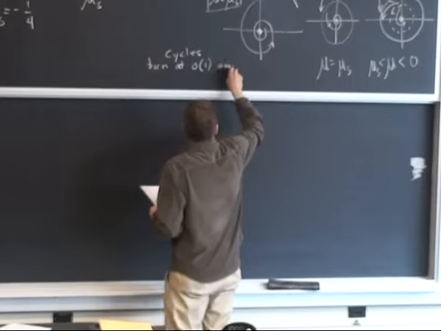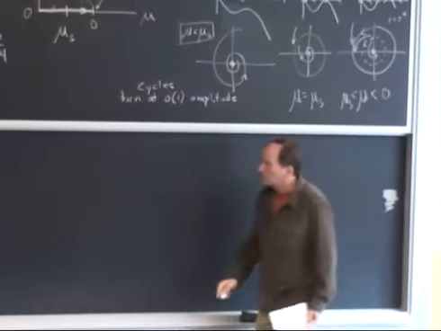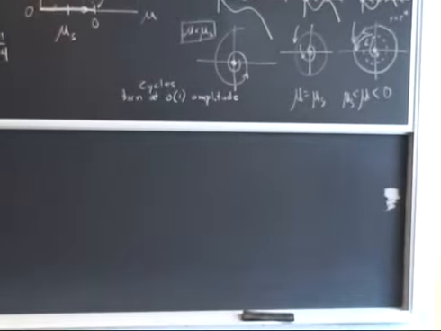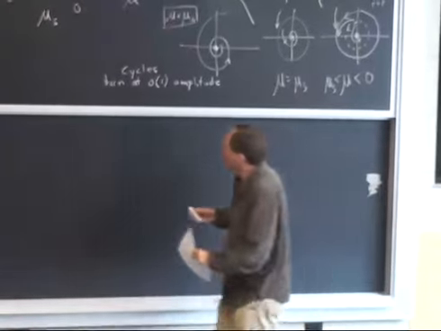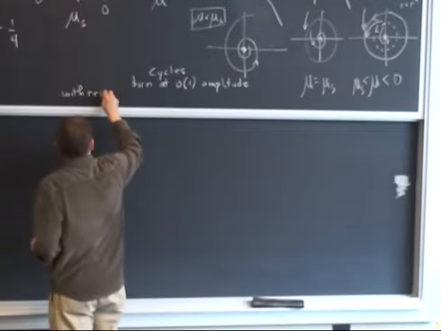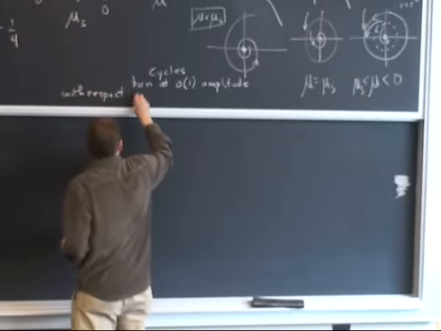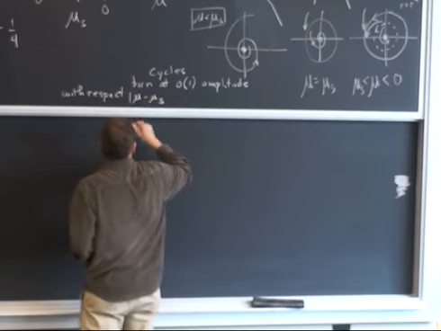Where when I say order 1, what I mean is I have some small parameter in the problem which refers to my distance from the bifurcation. So here I guess I mean with respect to the small parameter mu minus mu s in absolute value.